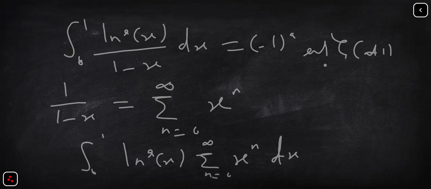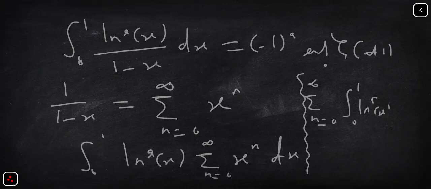Then I can bring out the summation. So if I bring out the summation, I'm going to have the sum of n from 0 to infinity of the integral from 0 to 1 of natural log of x raised to the power of a multiplied by x raised to the power of n dx. Wow, it is now becoming beautiful.